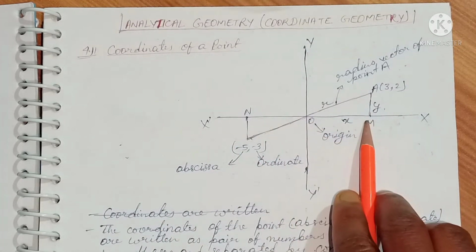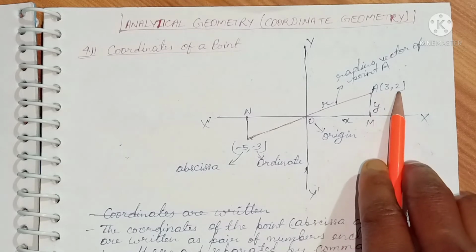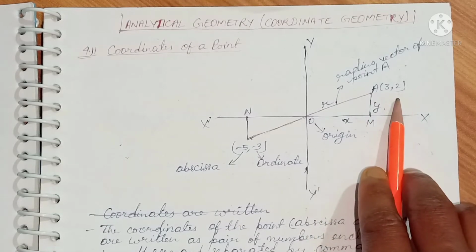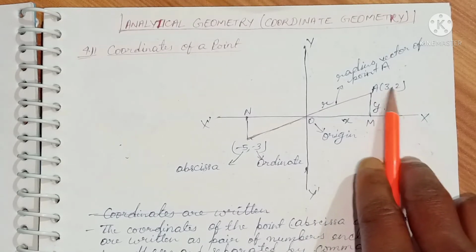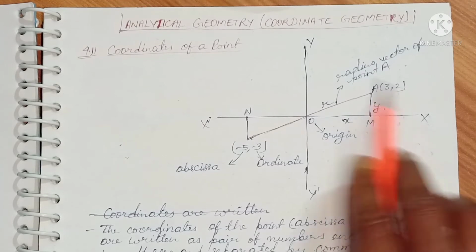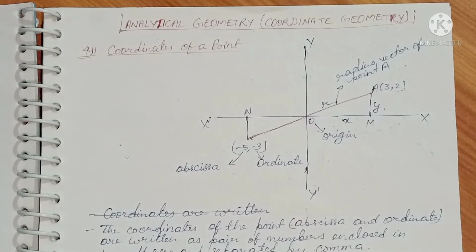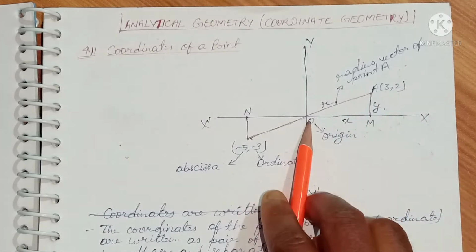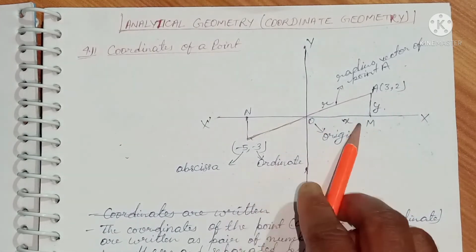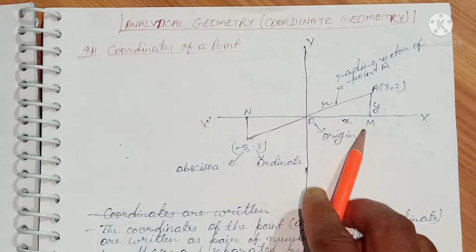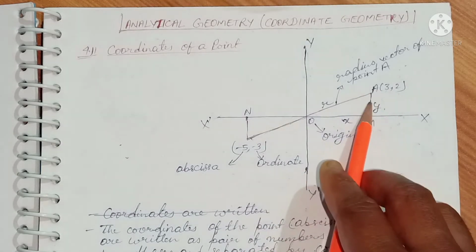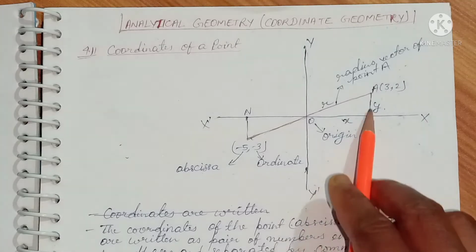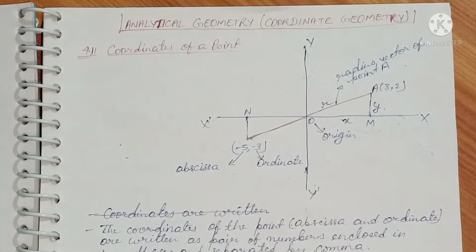If we write those two inside parenthesis and in between those two we put a comma, then that is known as coordinate. So here 3 represents the distance OM, and 2 represents AM, means AM is the vertical distance of this point from x-axis.